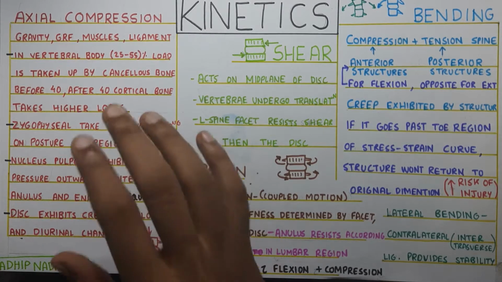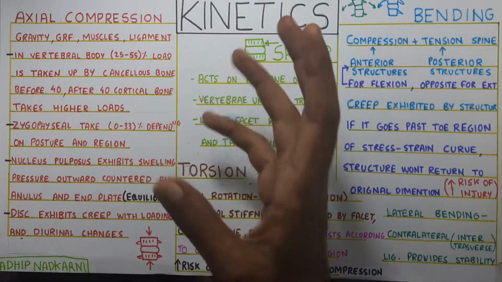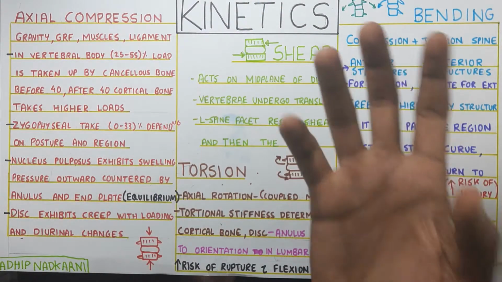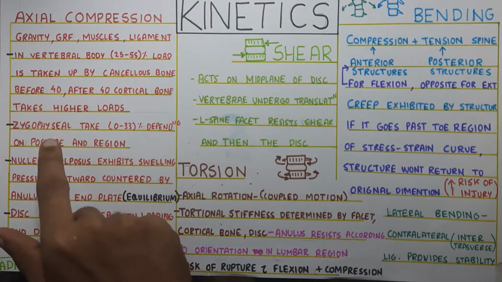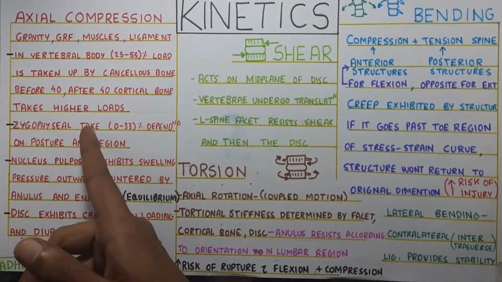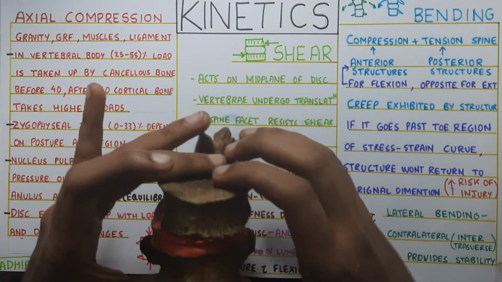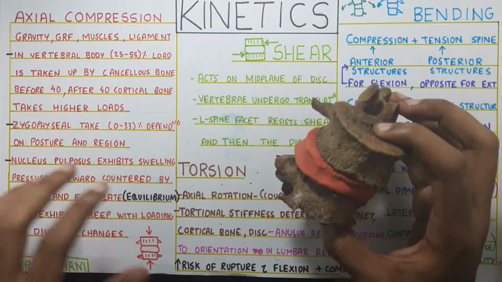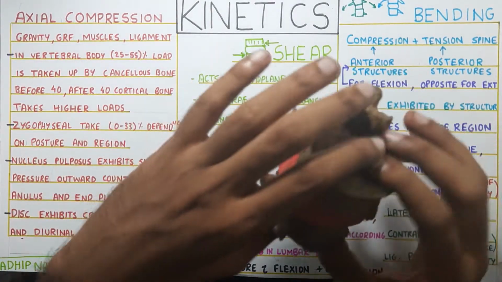The same forces are taken up by the cortical bone. So past 40, cortical bone takes up most of the forces. Before that, it's the cancellous bone. Apart from the body, the zygapophyseal joint or the facet joint also takes up 0 to 33% of the compressive forces that are present on your spine, and this varies with posture and the region of your spine.